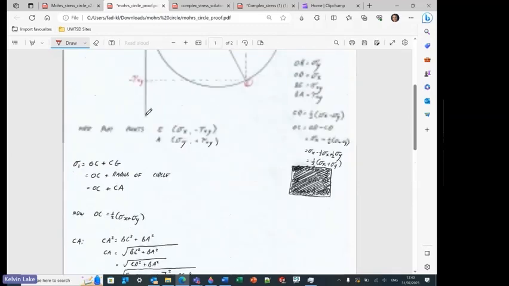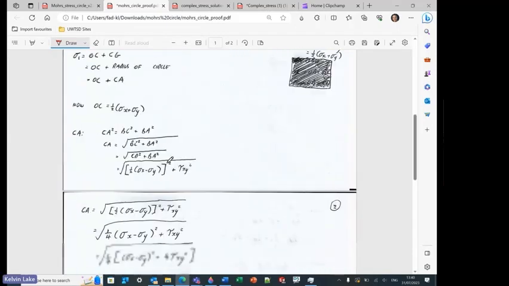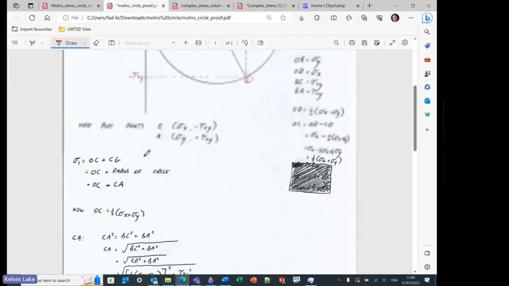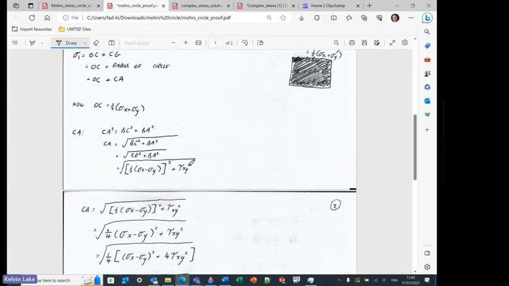BC squared is going to be the same as CD squared. Okay, looking at our geometry here, this length here, squared, is clearly going to be the same as this length here, squared. So BC squared is the same as CD squared. So I've just substituted that in there, CD squared plus BA squared.